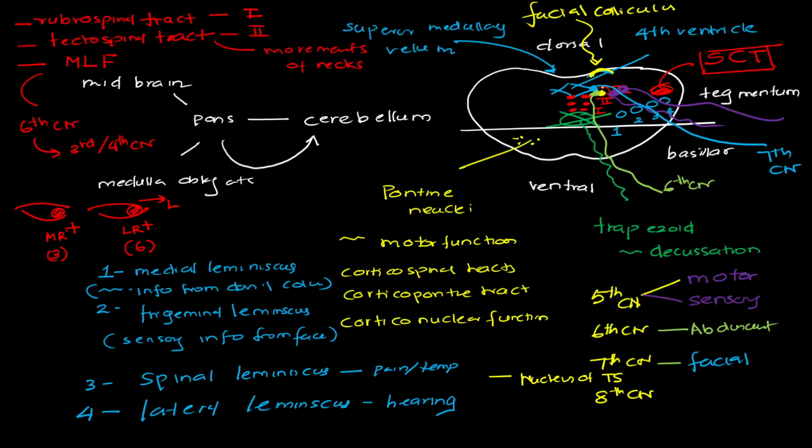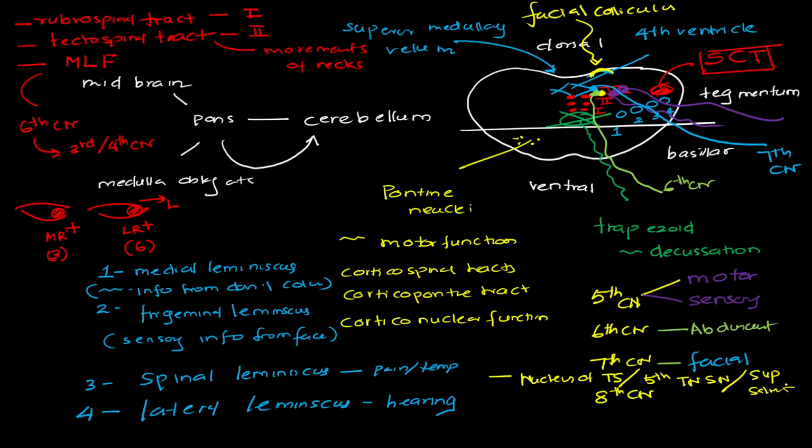So that is also found hitchhiking with the facial nerve. So the seventh cranial nerve has fibers that are coming from the nucleus of the tractus solitarius and also the fifth, the trigeminal nerve sensory nucleus, right? In addition to that, there are also parasympathetic fibers from the superior salivatory nucleus.